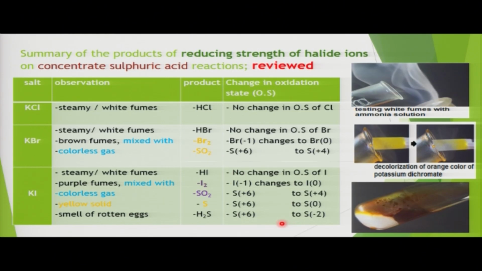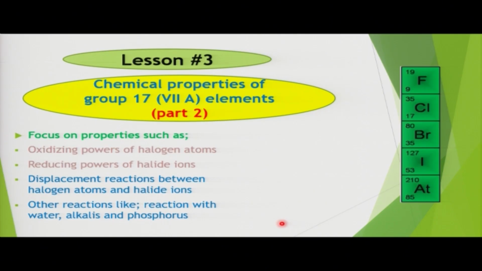So that is what we looked at in the previous lesson, and we can now move to today's content, lesson 3. So we are still looking at the chemical properties. I called it part 2. It is an additional.